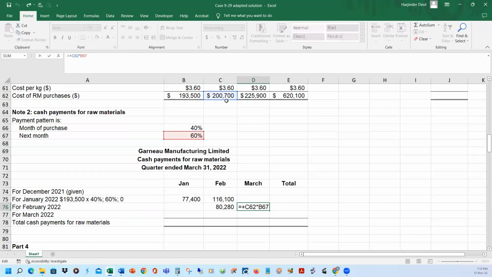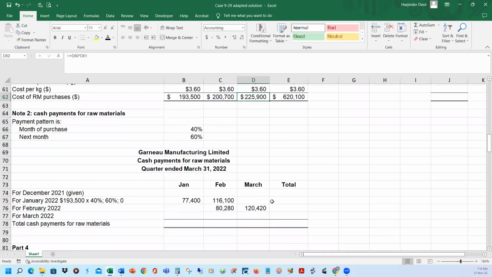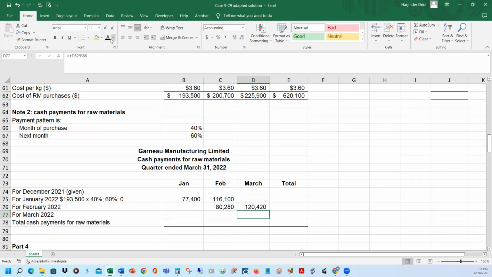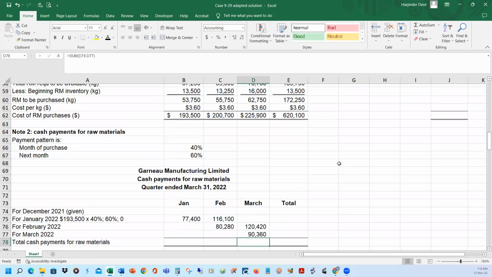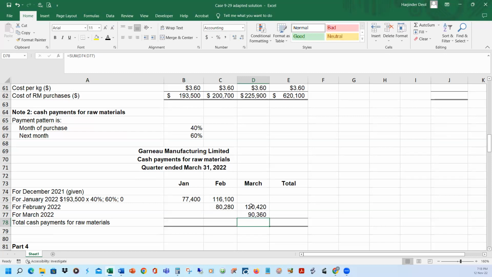60% of 200,000. And similarly, for the purchases that we make in the month of March, we will pay 40% in the month of March, and the rest will be paid out in April. We're not making a budget for April. Notice there's a 2-month pattern now. In March, we paid 40% of the purchases from March and 60% from the purchases in February.